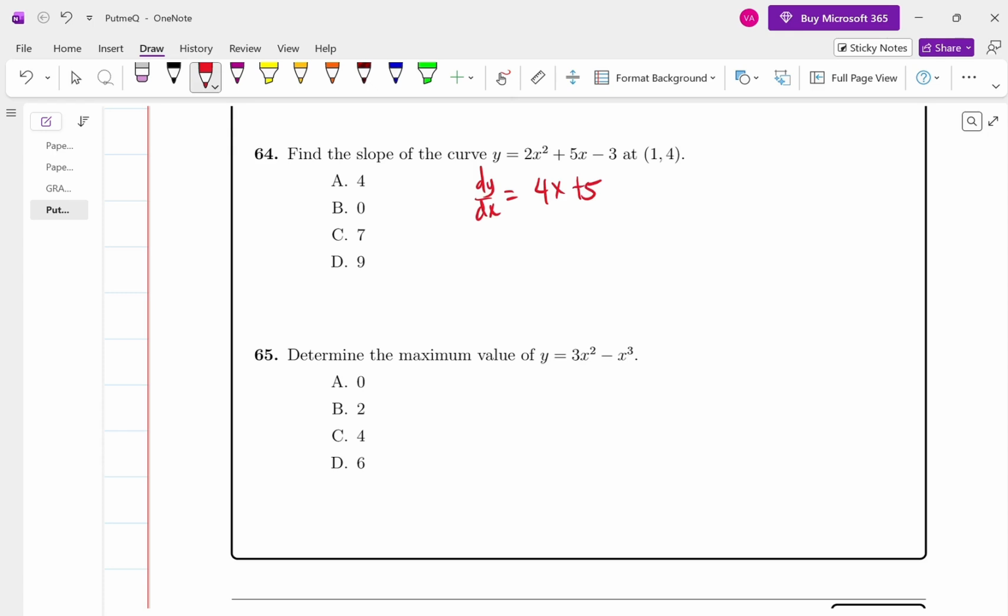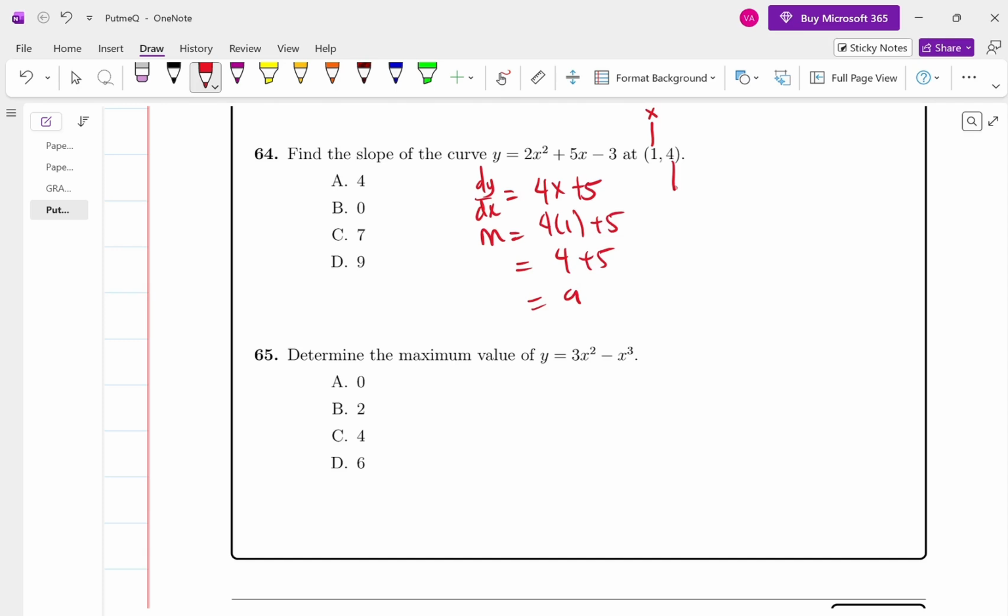So this is x and this is y. But there's basically no y in the expression we have for the gradient. So anywhere we see x in that expression, we're going to put the value of x, which is 1. So m is going to become 4 times 1 plus 5. So that's going to be 4 plus 5, which is 9.